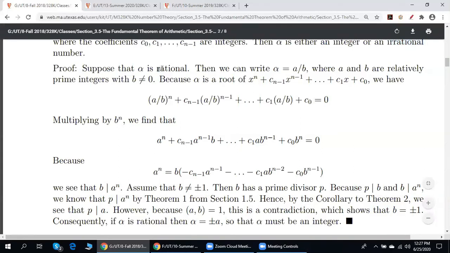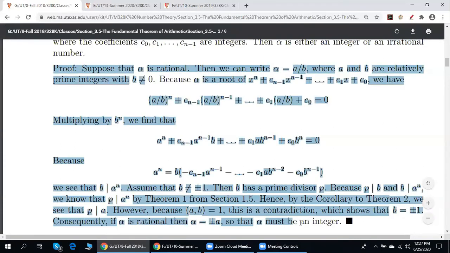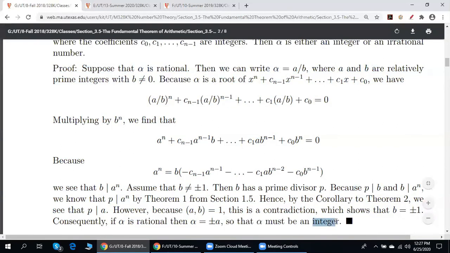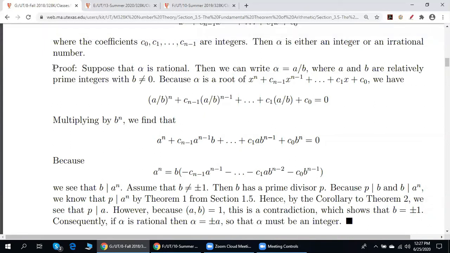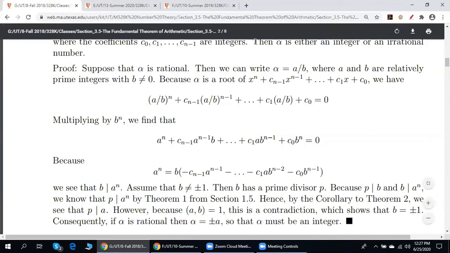If alpha is rational according to what is written here, it is an integer, and we are done again. Okay, then I guess my question is, why are we done if we assume alpha is irrational? Well, we want to prove that alpha is either integer or irrational. So if alpha is irrational, we are done. If alpha is rational, it is integer, and we are done.